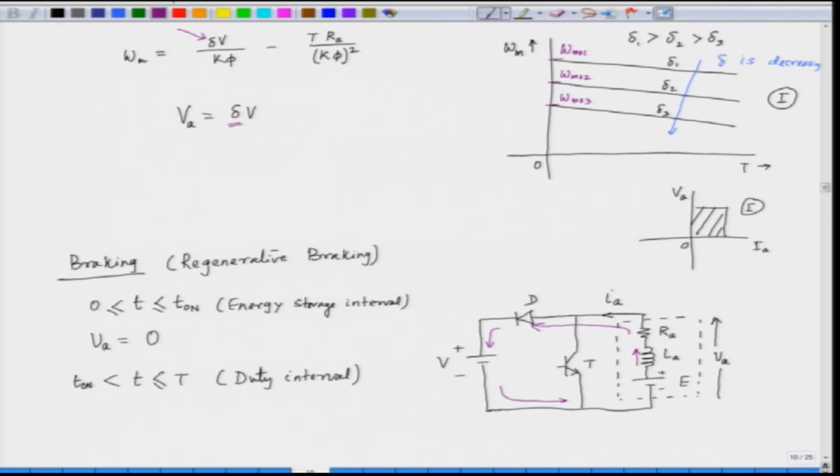Now, here what about the armature voltage? Armature voltage here is equal to the source voltage, that is V. So, we define the duty cycle in a different way.